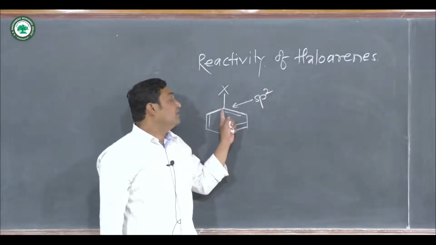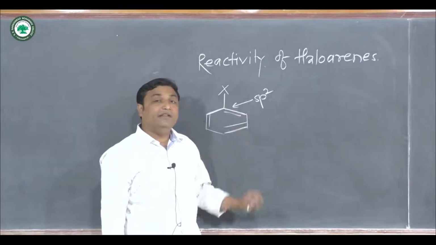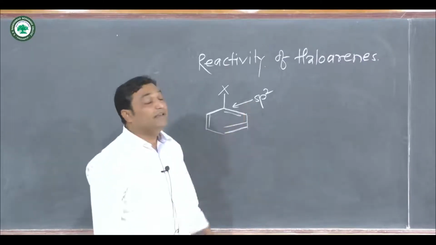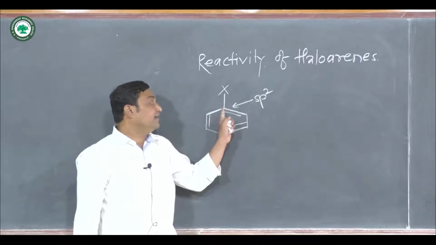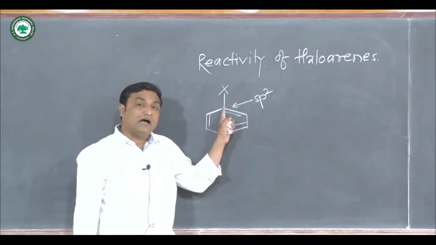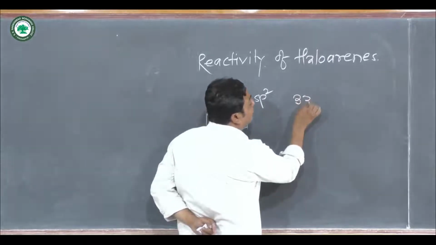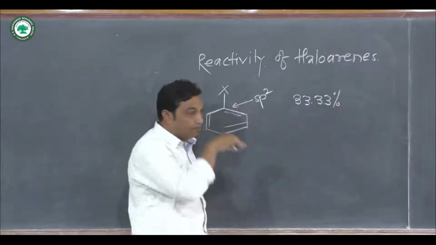As this carbon atom has sp2 hybridization, when we determine the percent of S character present in this carbon, we know that it has 33.33% of S character.